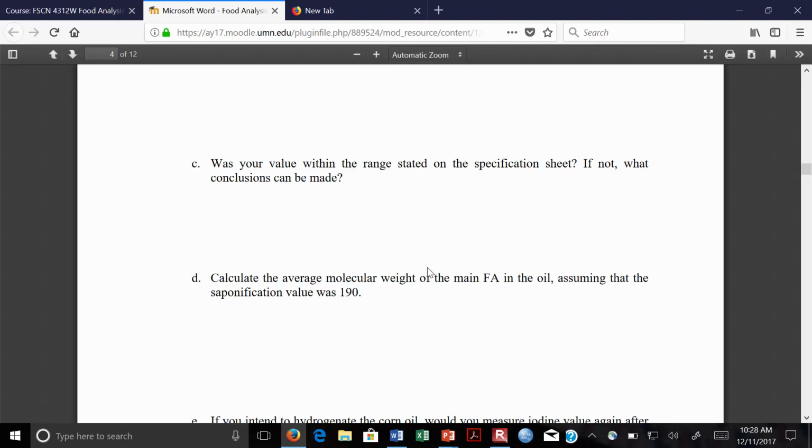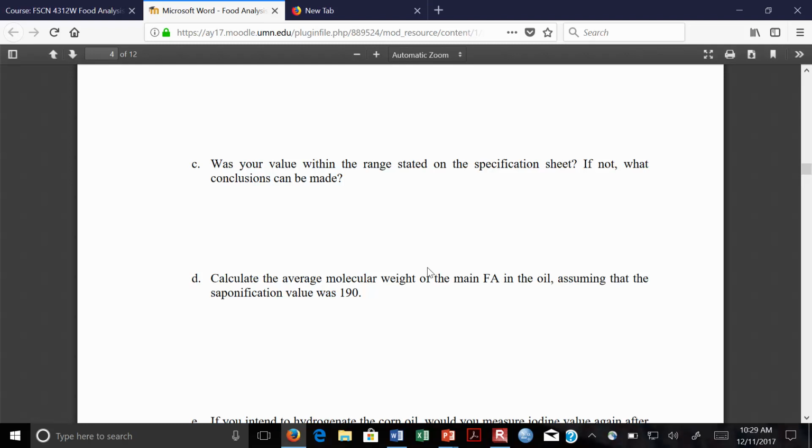So your range is 184 to 196, and then you got 214.76. So it wasn't. What does this tell you about the oil? So it didn't fall under the specification. Does that mean it might have been some hydrolytic rancidity already?